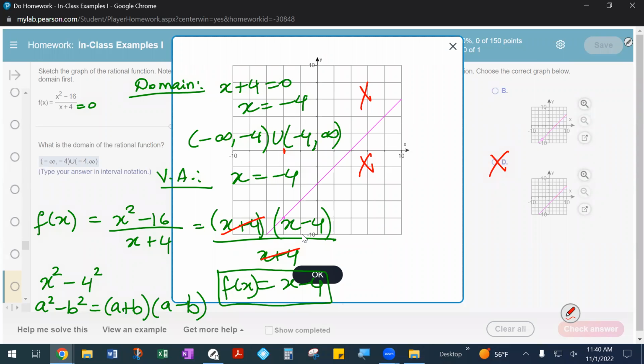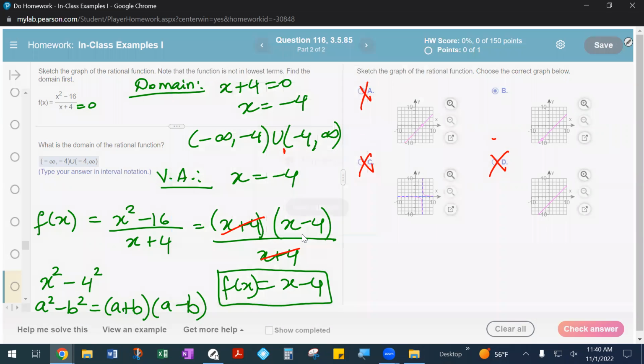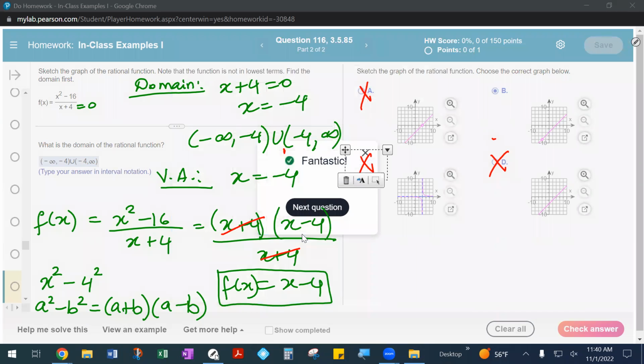So that's the graph that's going to satisfy our original function, because you have that little open circle, which is telling me we are not including -4 in our domain. So B is going to be our graph, and we are good to go.